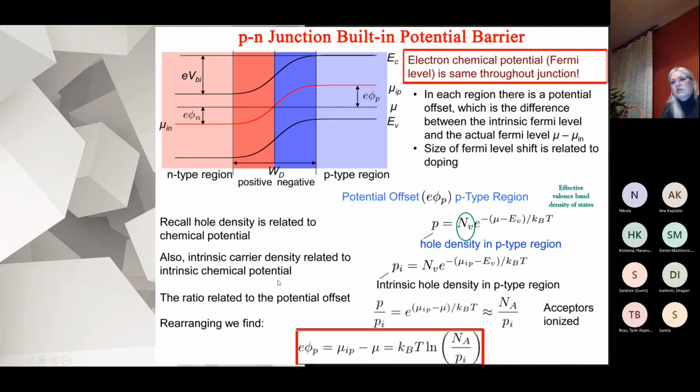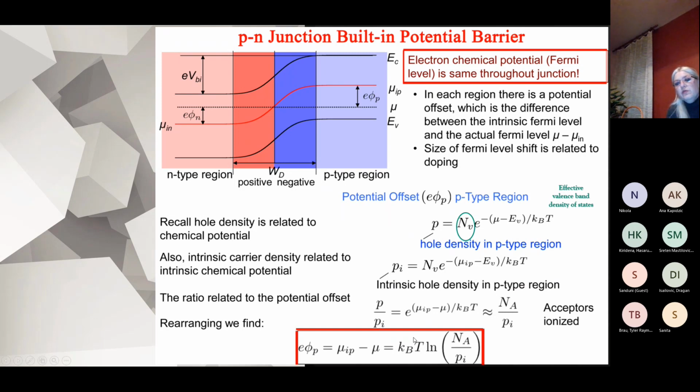We do completely the same calculation now for the potential offset of the p-type region. For the hole density in the p-type region we have basically the same expression, just now N_V is the effective valence band density of states. Here we can also express the intrinsic hole density in the p-type region, find this difference, and then express the potential offset in the p-type region.